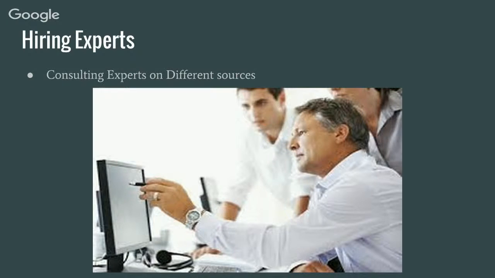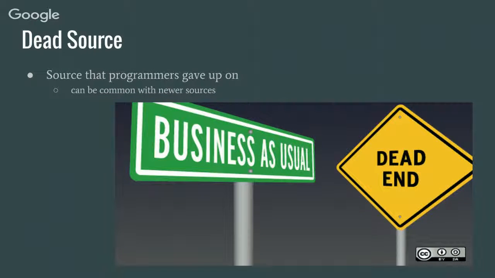Dead source is when you're using a source and programmers have given up on it, and this is really common with newer sources that come out, sources that are 3-4 years old or less. Then some programmers can give up on it. In some cases, someone may pick it up later, but as for that moment, it's dead, and there's not much you can do with it.